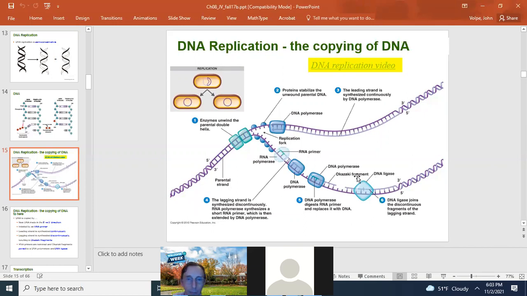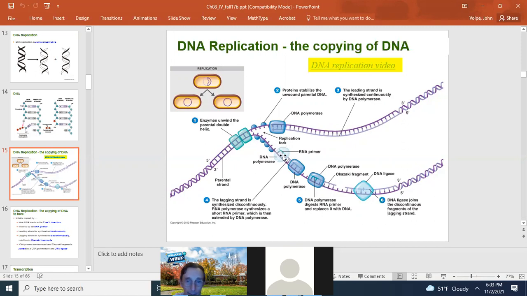So DNA replication is continuous on the leading strand because the DNA polymerase moves this way on that strand, and the helicase is moving this way. There's the helicase right there, unwinding the DNA.